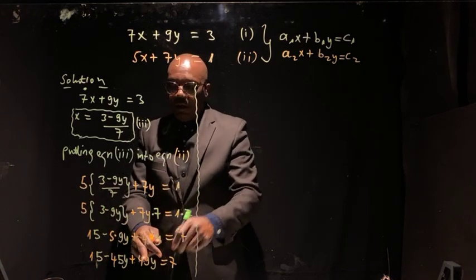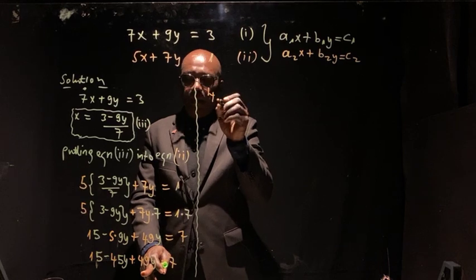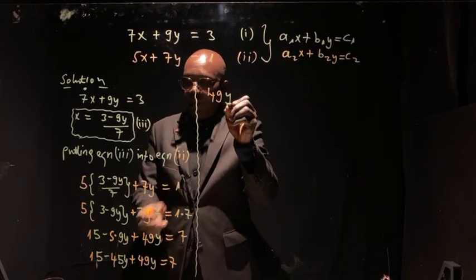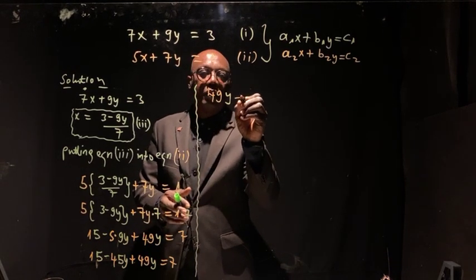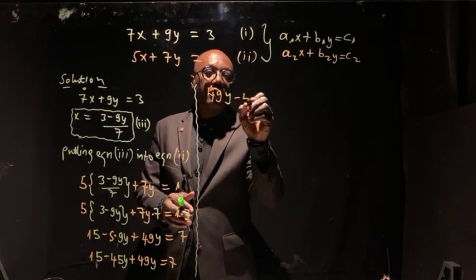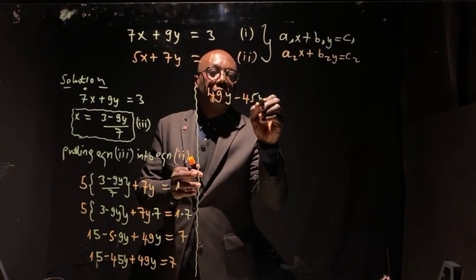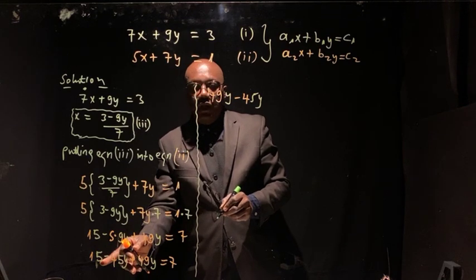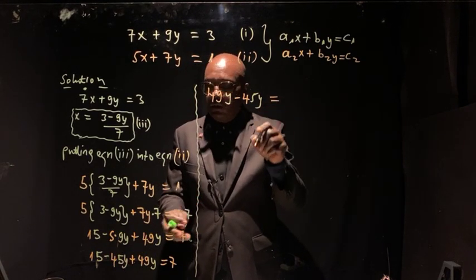So we have 49y, minus 45y, then this 15 is going to cross the boundary line, which is equal.